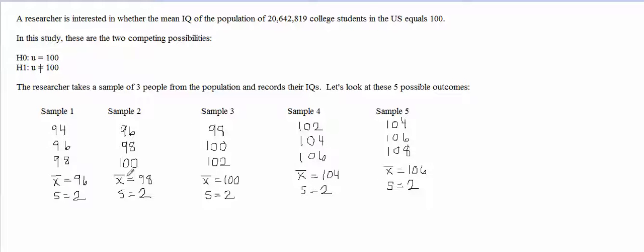Well, I made this so that there would be some possible outcomes down here. These aren't the only possible samples that might be found. They're just 5 different possible data sets that I decided to work with. And I know that 3 people is a very small sample size, but I use that sample size just to make my point about these t-scores that I'm going to calculate.